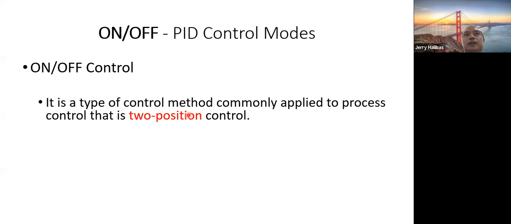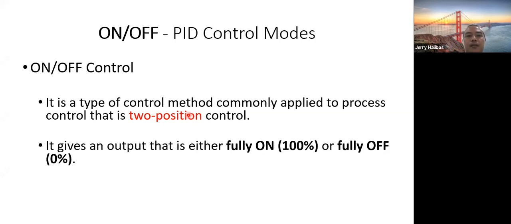So it is now replaced with a proportional pneumatic control valve, so it has an intermediate range. Going back to the old pneumatic control valve, it has an output that is either fully on or fully open, or fully off or fully closed, 0%.